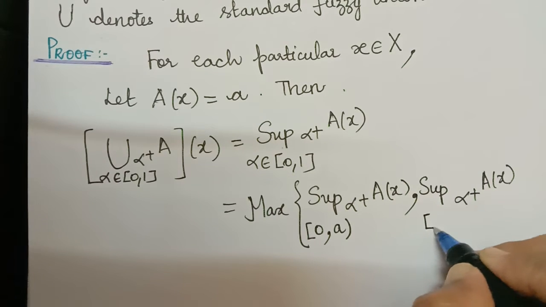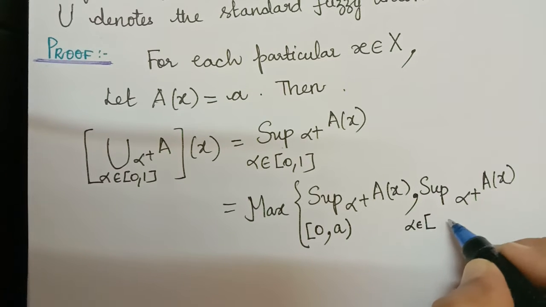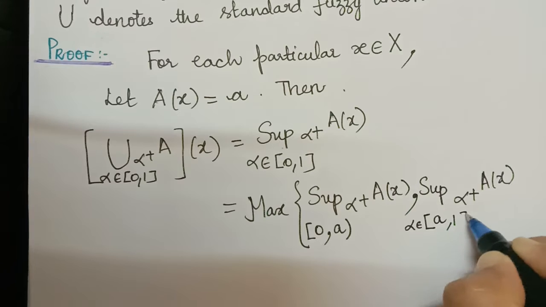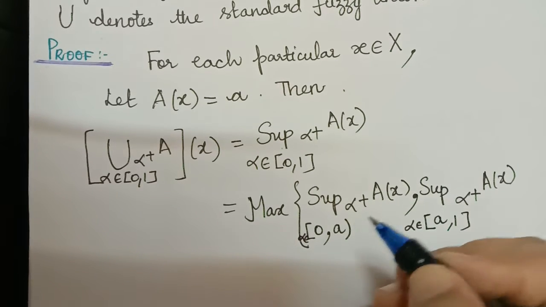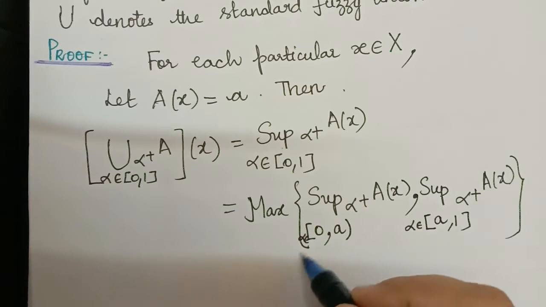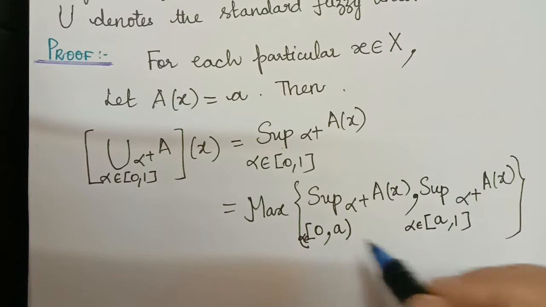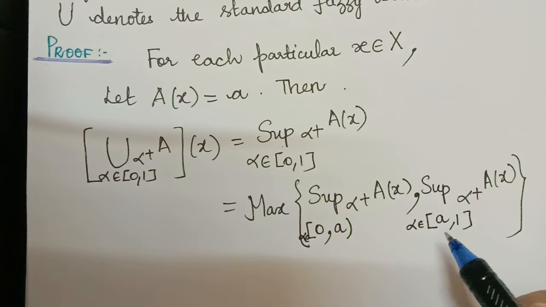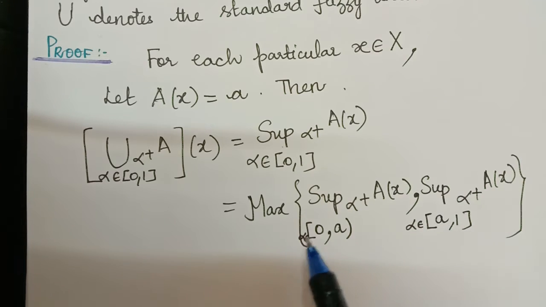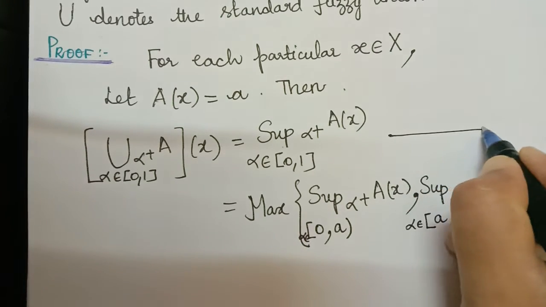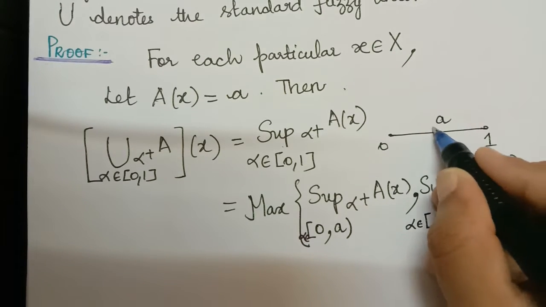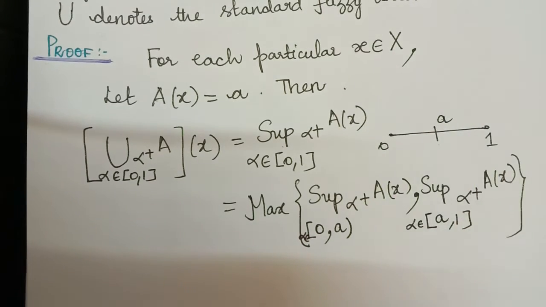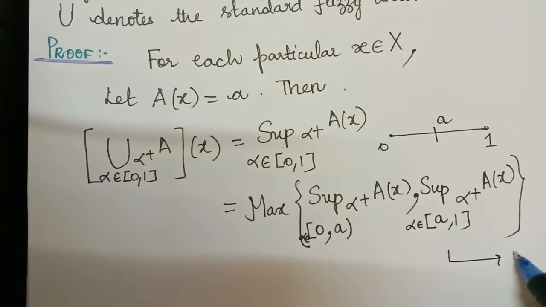Then alpha is an element of the closed interval [a, 1], that is, we include a. So here alpha is an element of [0, a), and here alpha is an element of [a, 1]. We split the interval [0, 1] in this way, where a is somewhere in between 0 and 1. Let us mark this as equation 1.